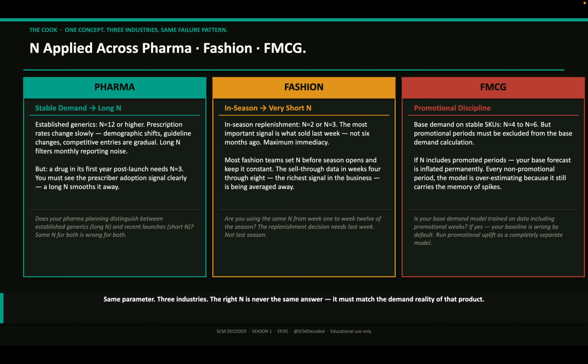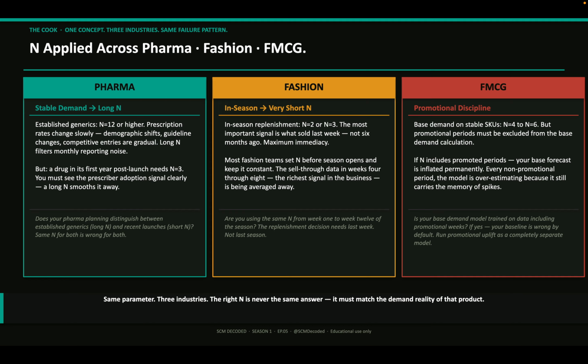When we talk about fashion, in season replenishment requires a completely different parameter logic. During the active season, the most valuable information is the most recent week of sell through, not what happened in a prior season 6 months ago. An N of 2 or 3 gives you that proximity.